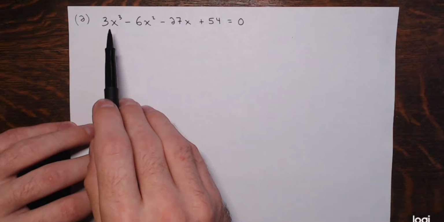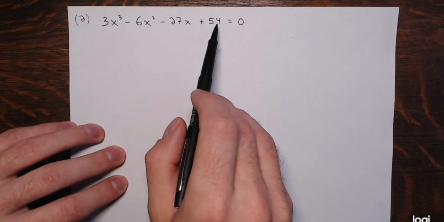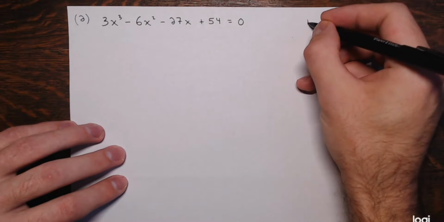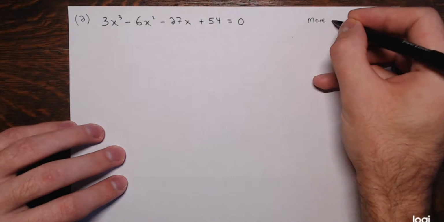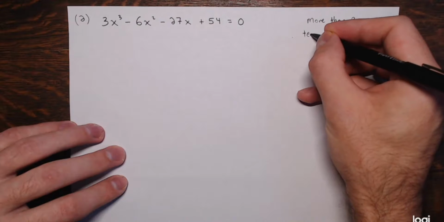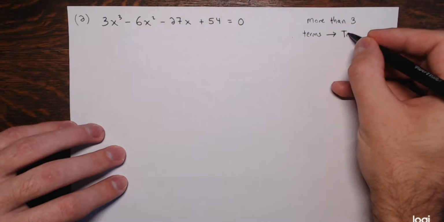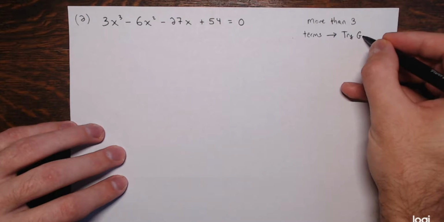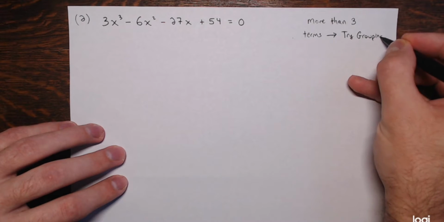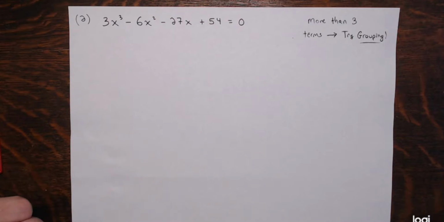Now notice that this polynomial has more than 3 terms. You may recall when there are more than 3 terms in a polynomial, we're going to try something called factoring by grouping. Try grouping.